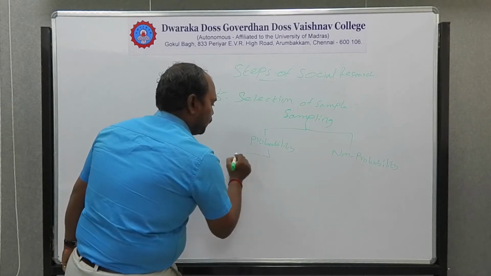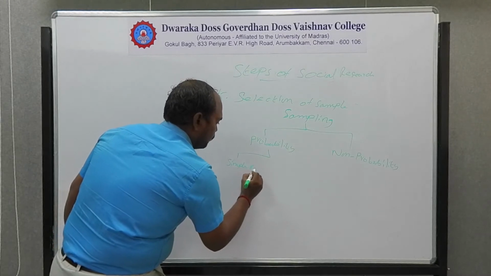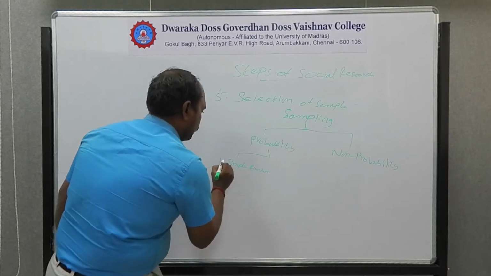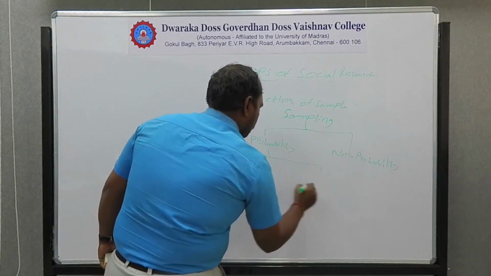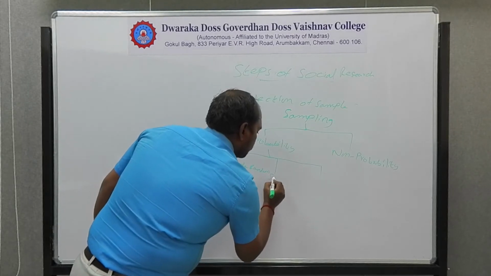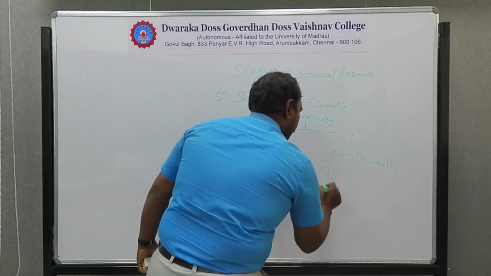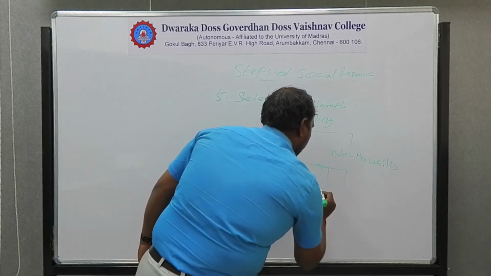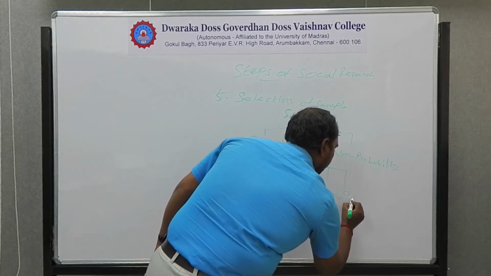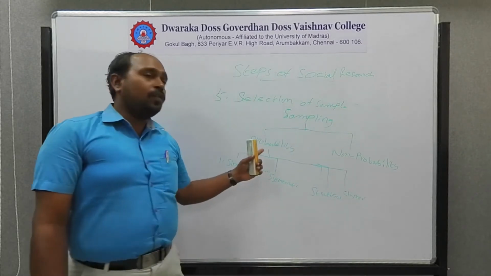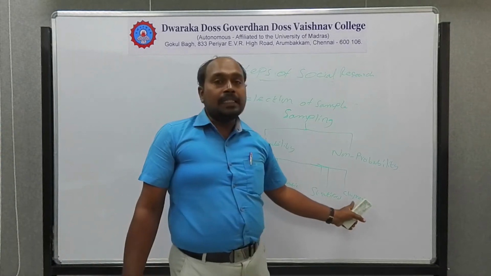In probability, we have simple random sampling, then systematic random sampling, stratified random sampling, and cluster sampling. There are 4 types of probability sampling: simple random sampling, systematic random sampling, stratified random sampling, and cluster sampling.